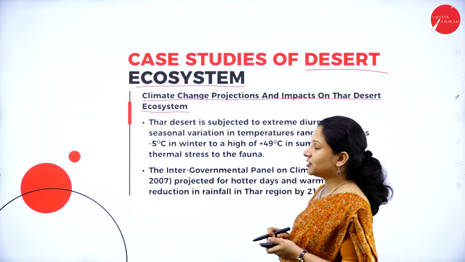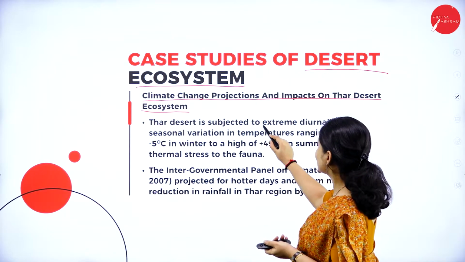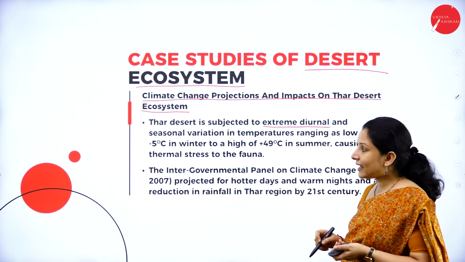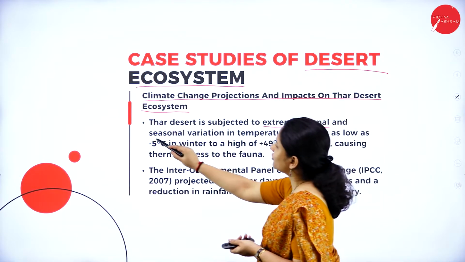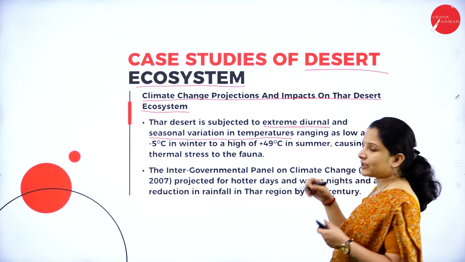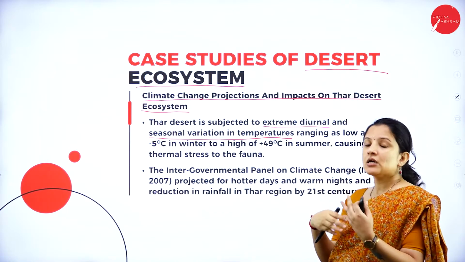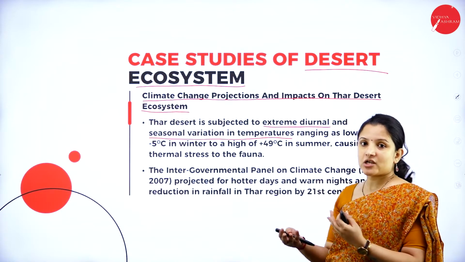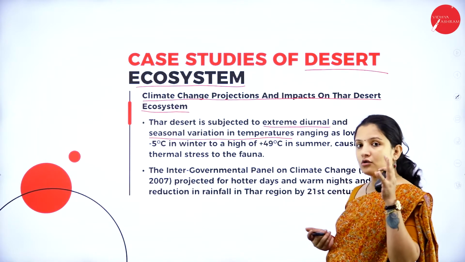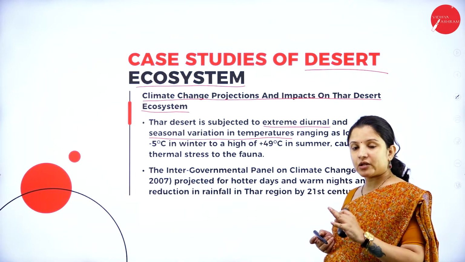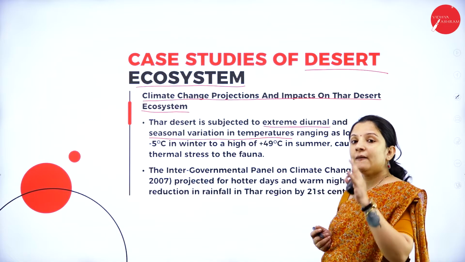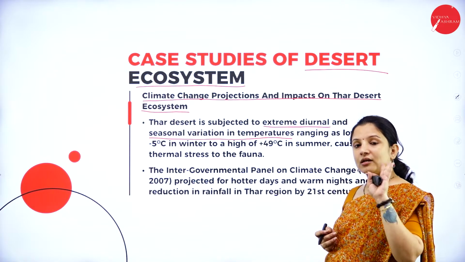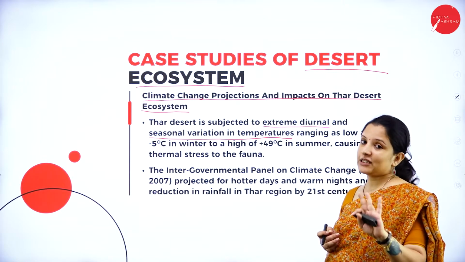The Thar desert is usually subjected to extreme diurnal, that is day and night, temperature changes, and temperature also changes widely with the seasons. Not just seasonal changes can be seen in the Thar desert, but the day temperature and the night temperature are also completely different.